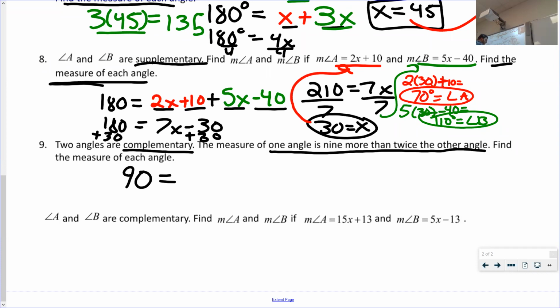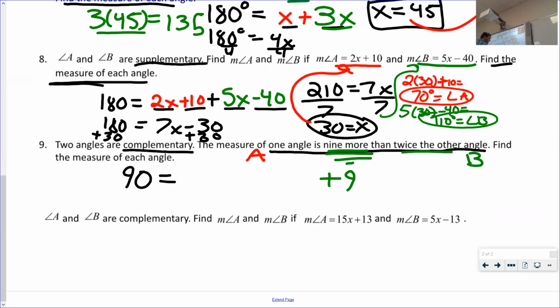So let's call this angle A. Now let's call the other one angle B. So angle A is 9 more than twice the angle of B. So 9 more tells you it's plus 9. I had 9 more dollars, so I had plus $9.